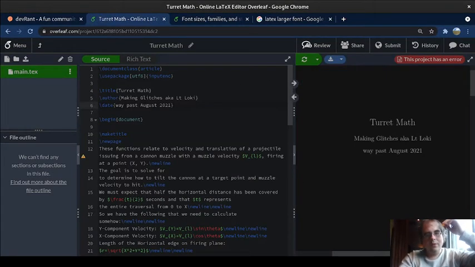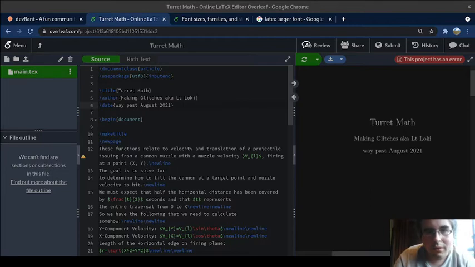Or the same thing, for example, with editors like the Equalx editor. The Equalx editor is not much better, as you can see.